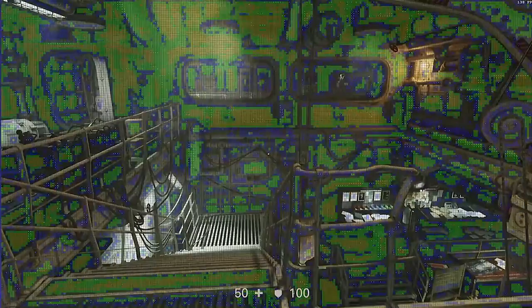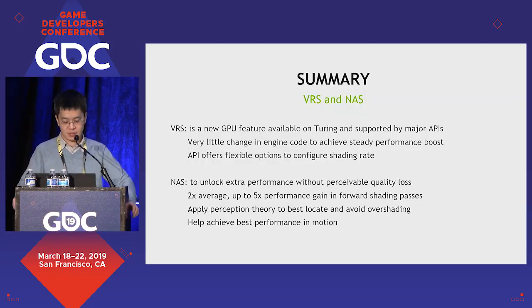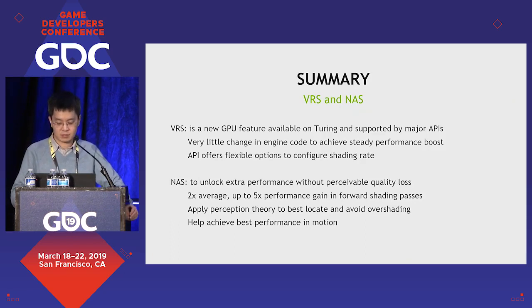All right. I have one more slide left, and then we can switch to Q&A. So to summarize, variable rate shading is our new GPU feature available on Turing and supported by major APIs. Integrating VRS needs very little engine code change, and there are APIs that offer flexible options to make it easier.